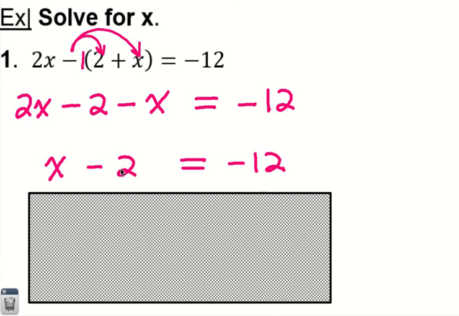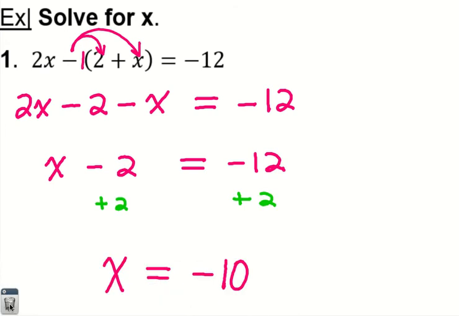And now what we're going to do is get that x all by itself, simply by killing off that minus 2 and getting that away from there by adding 2 to both sides. And so your final answer, with x being isolated now, is x equals negative 10.